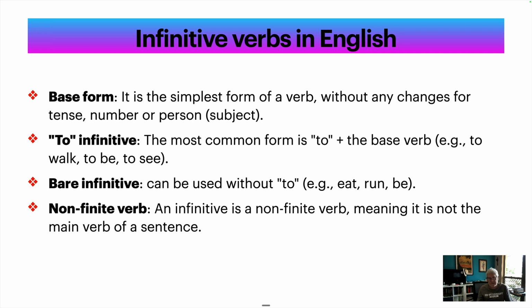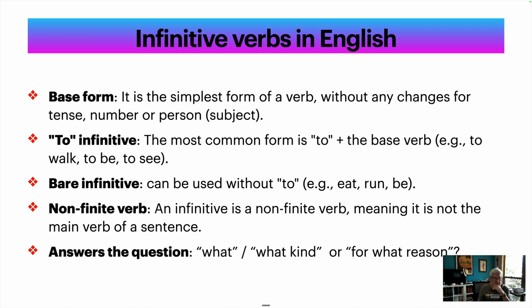A sentence must have a finite verb with a particular subject, etc. The infinitive doesn't have a subject, and it doesn't reflect a kind of condition that we normally put on the verb in the different regular finite forms of the verb, whether that be in the indicative or the imperative or subjunctive, etc. So you can't use an infinitive as the main verb of a sentence, and it kind of answers the question such as what kind or for what reason. To walk, to drive, etc. would be the answer.